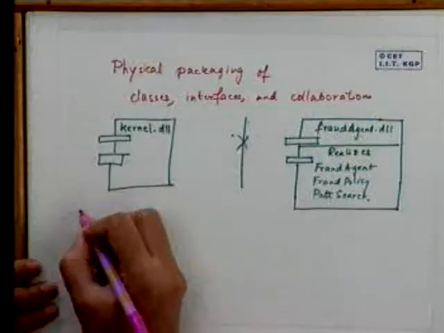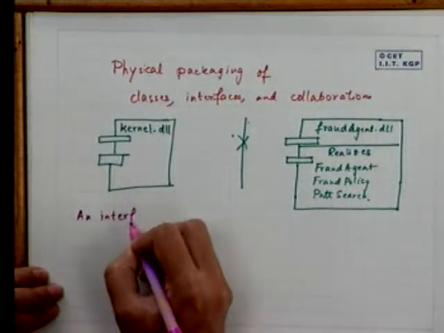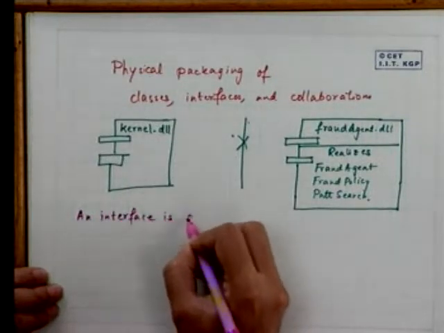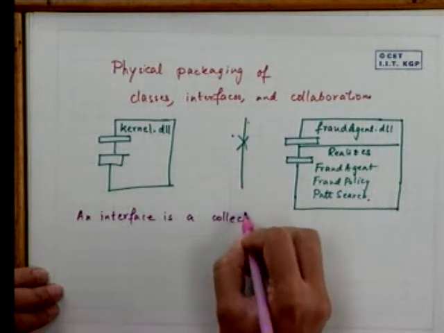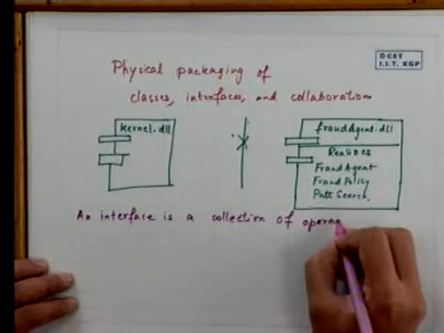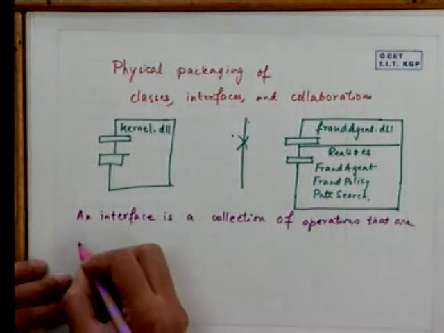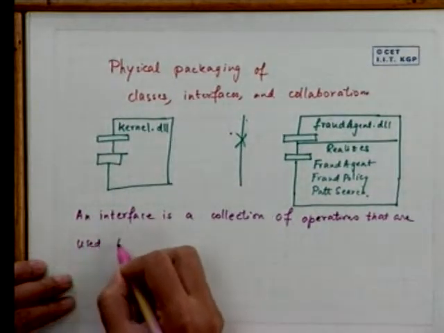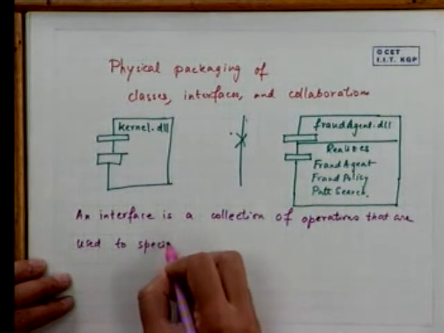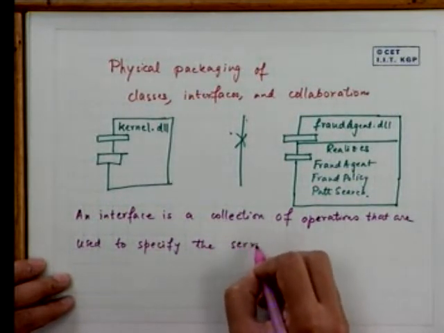What is an interface? Let us review the definition of an interface. An interface is a collection of operations that are used to specify the service of a class or component.